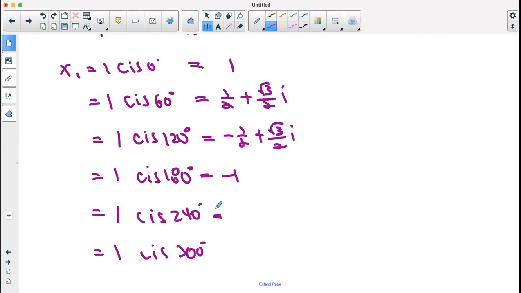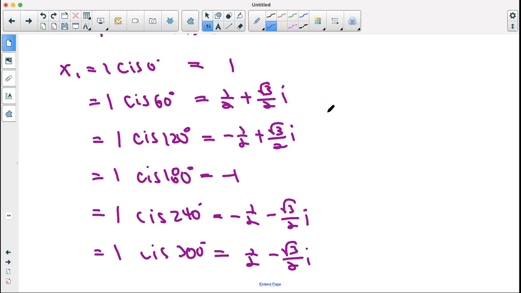This one is in the third quadrant, so I get negative 1/2 minus radical 3 over 2 i. The last one is 1/2 minus radical 3 over 2 i. You can follow through quickly as soon as you memorize the sine of 60 and all those things, and it'll be much easier.